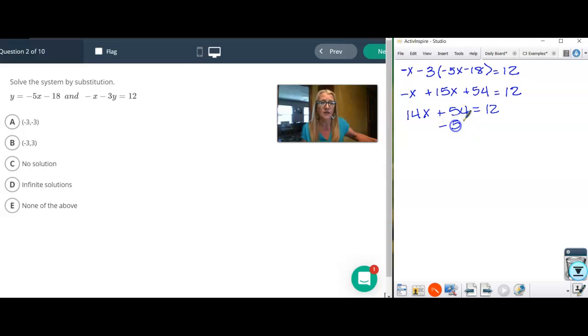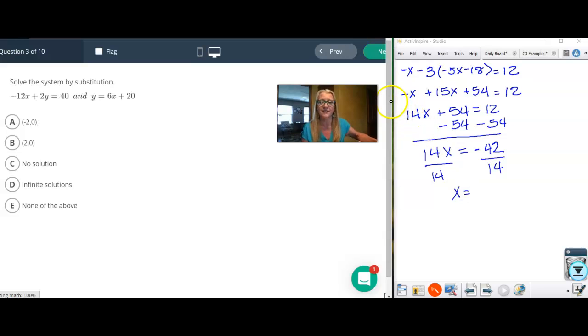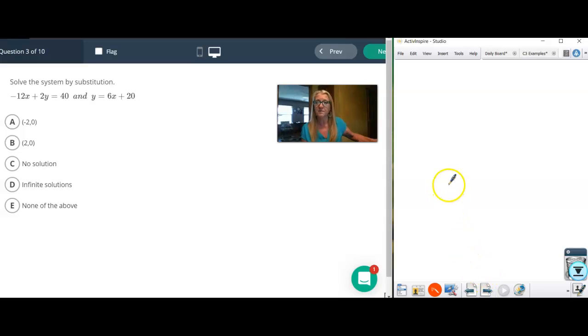Then to get x by itself, we subtract 54 from both sides, and that will give us 14x equals negative 42. And then you would divide both sides by 14. And that will give us x is, oh, it's a secret I'm not going to tell you. Let's go on to the next problem. You would also have to solve for y.